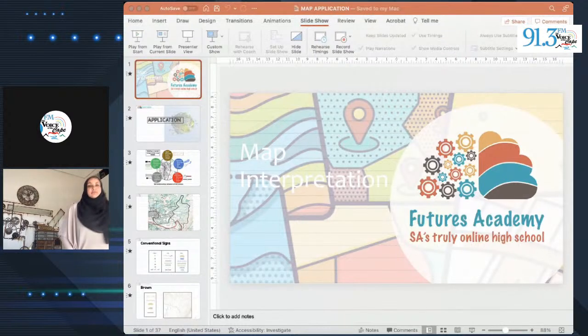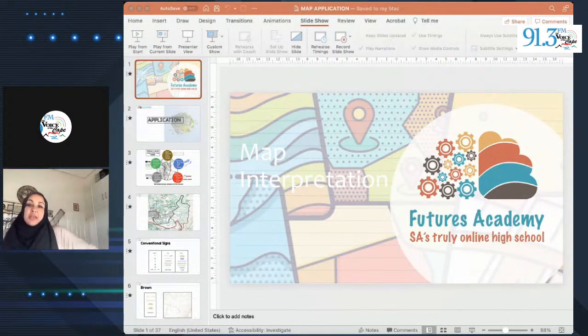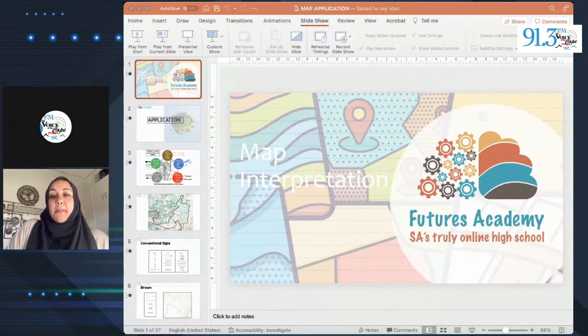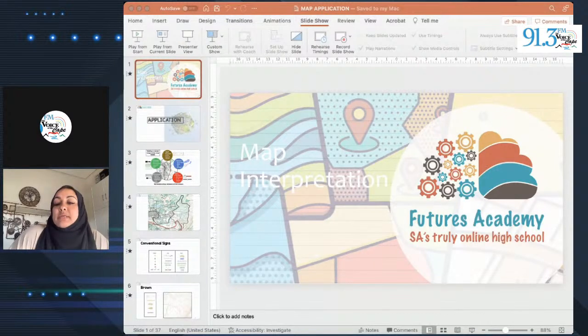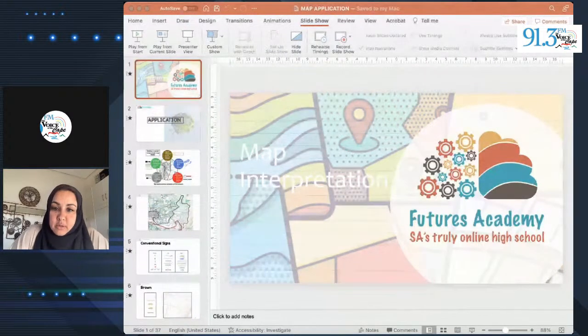Sorry about that. Right, then the R's that are found on your map indicate reservoirs. So the reservoirs tell us that that particular region doesn't receive any rainfall, so they have to store water within that region. Another indication that the region does not receive that much rainfall would be dams.